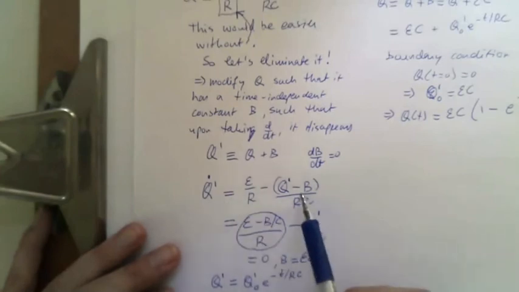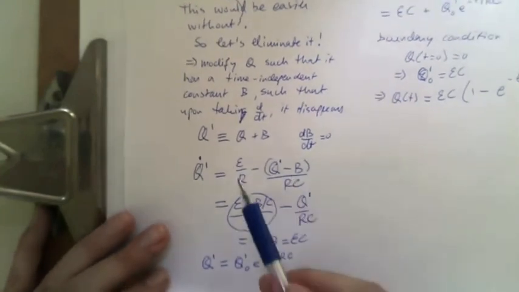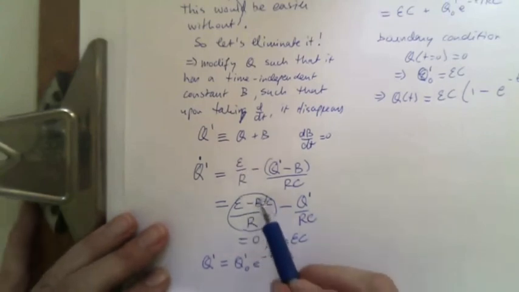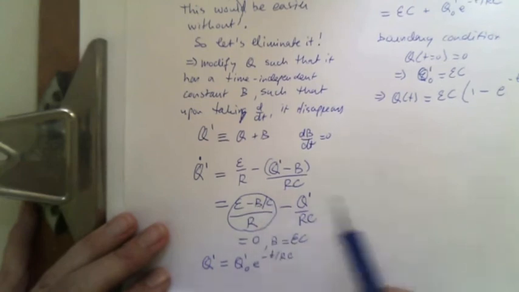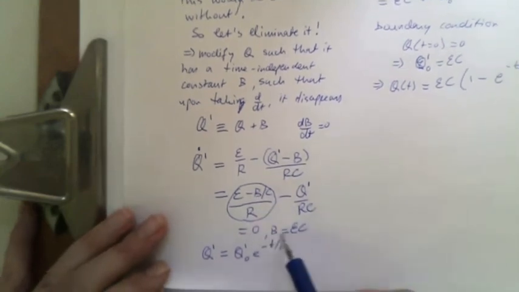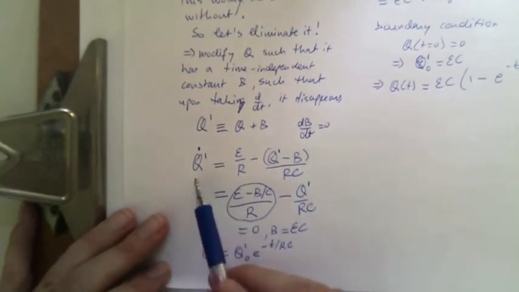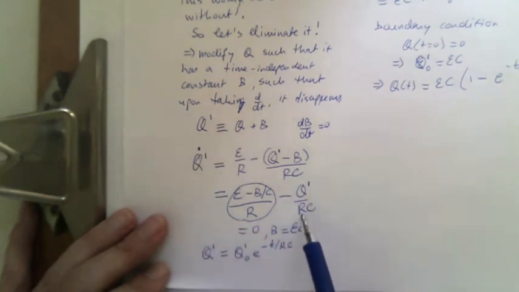Good. Same thing. And now we are trying to get rid of this term E over R. So we do that by making this term go to 0, by choosing the appropriate b, and we can totally do that. We choose b as E over C. So now we have a very straightforward first order differential equation. We've got q dot is equal to minus q over RC.